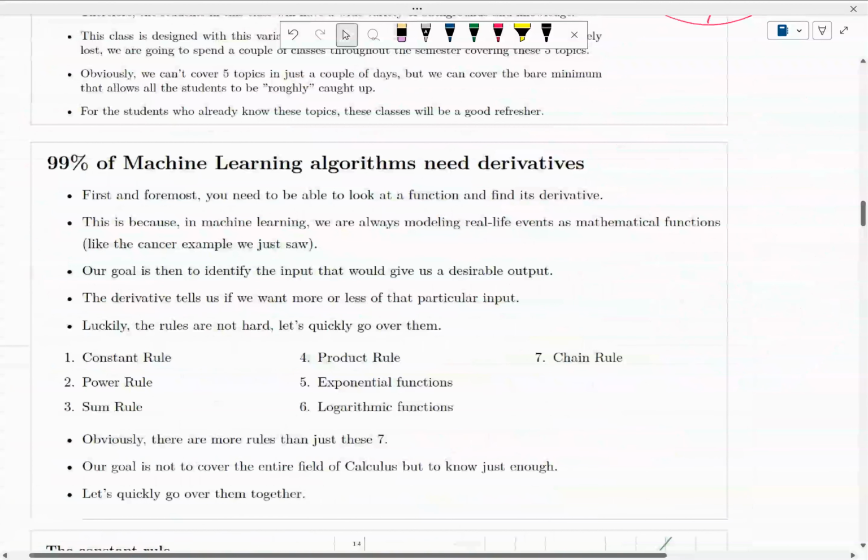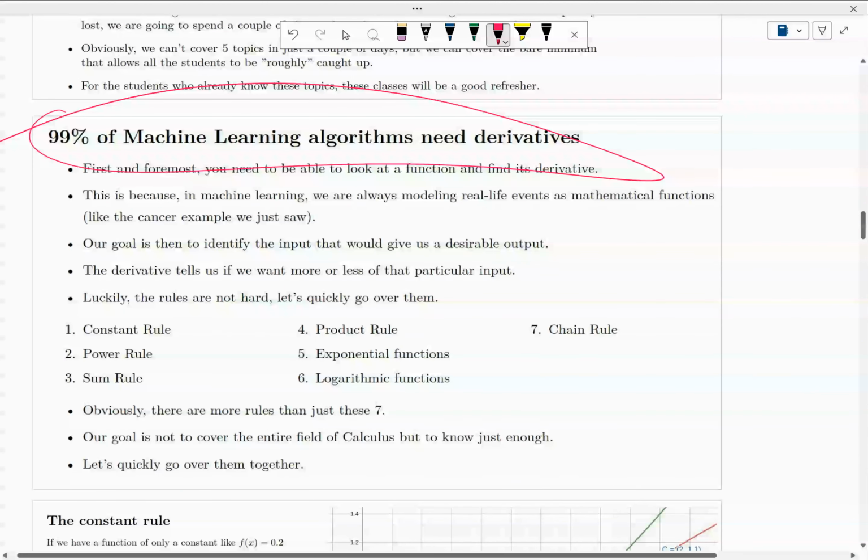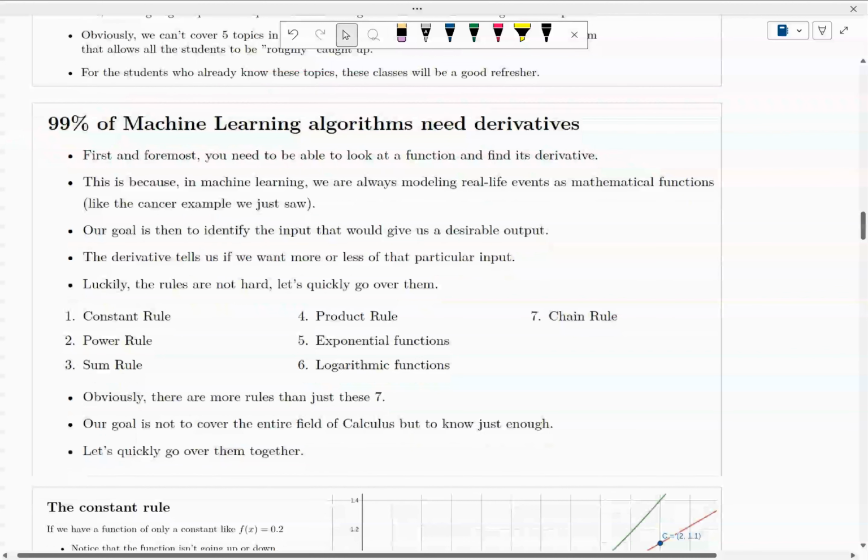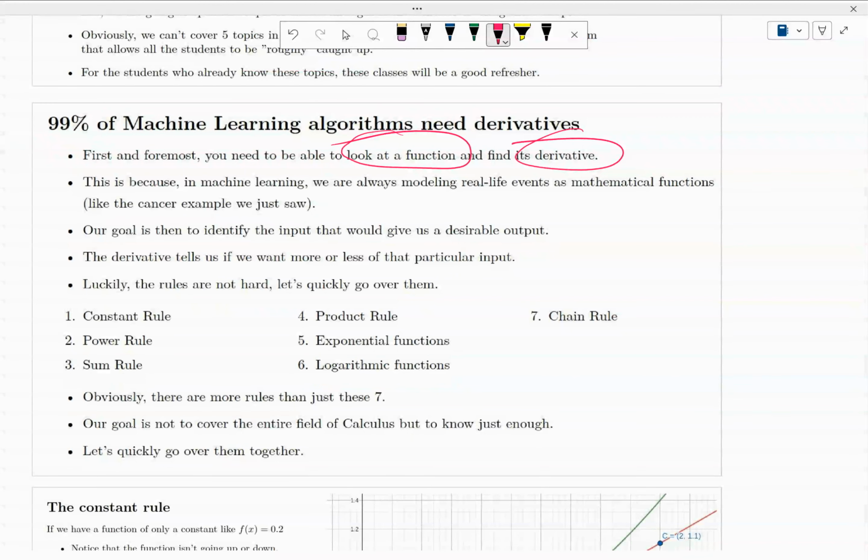So I dare say 99% of machine learning is just dealing with derivatives. First and foremost, what you need is to be able to look at a function and get another function called a derivative function.